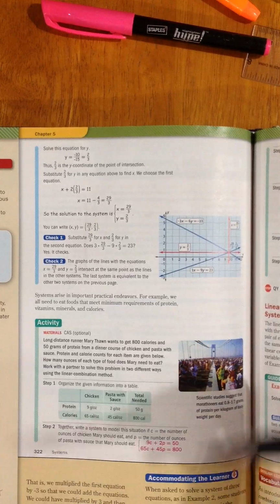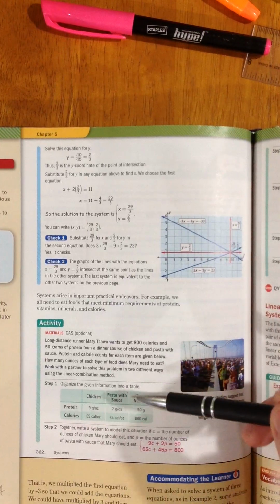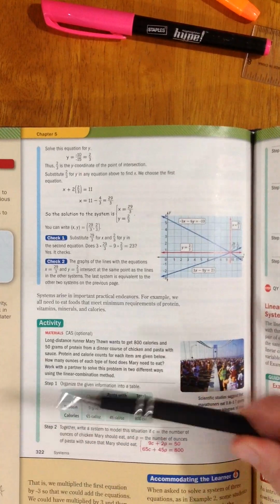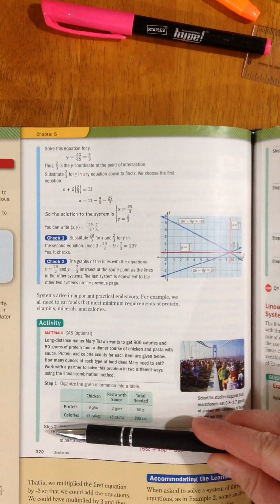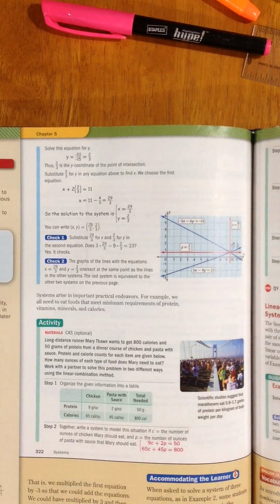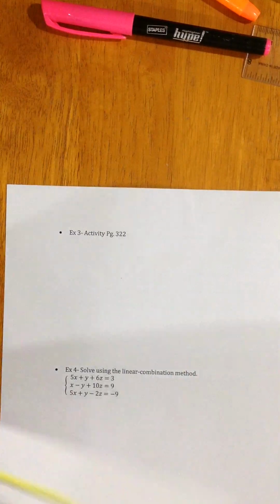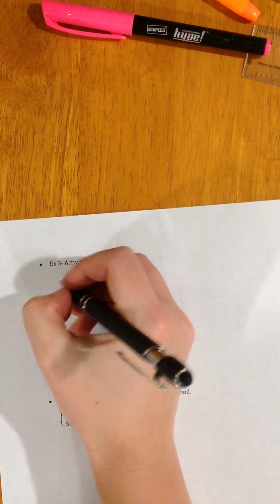Okay, so they give us the information in a table here. We've got chicken, we've got pasta with the sauce, and then they've split it out into protein values and calorie values, and then they give the totals that we need there, and we're supposed to figure out how much we need of each of these things. Okay, so when we set this up, we're going to have our system of equations again.